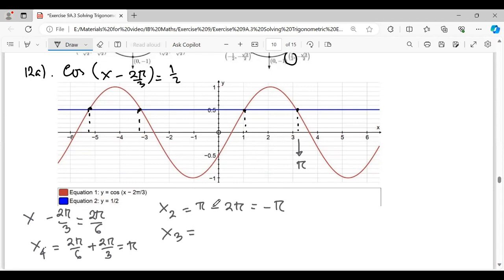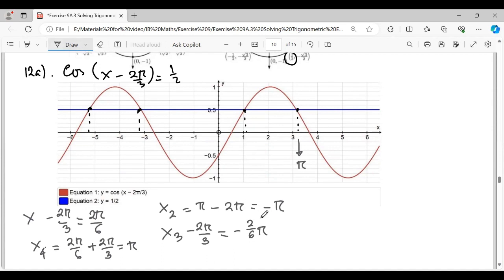x3 minus 2 pi third, okay, equals negative 2 over 6 pi. Because look at the interval from negative 2 pi to pi.